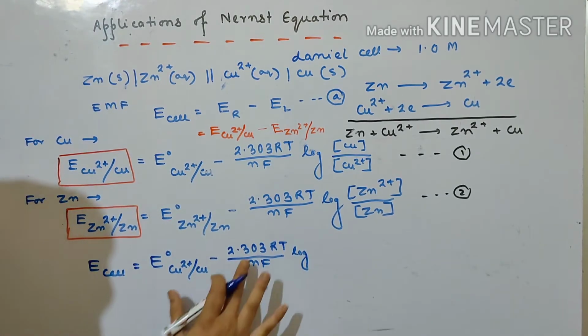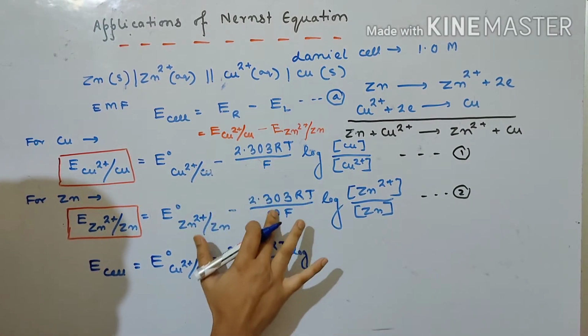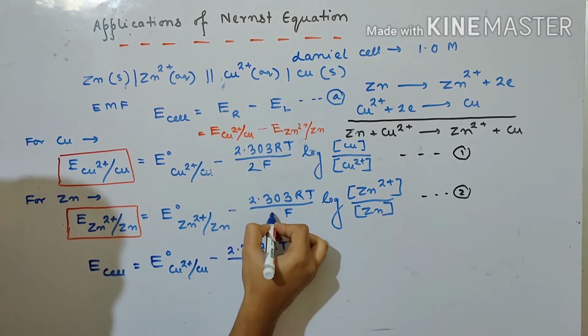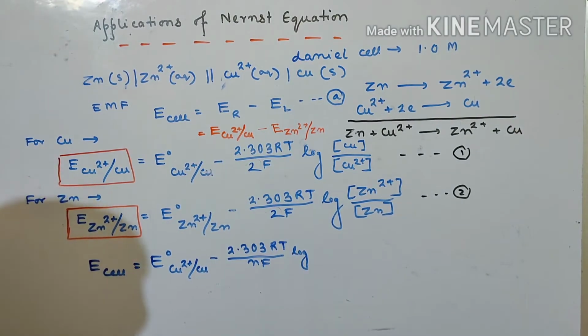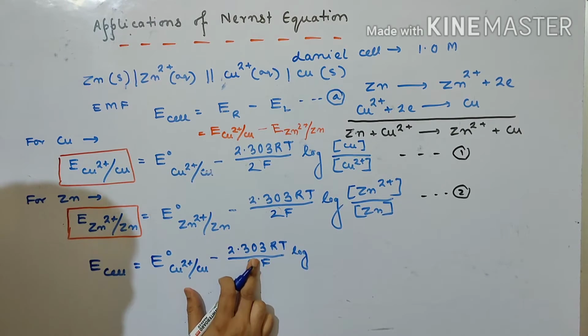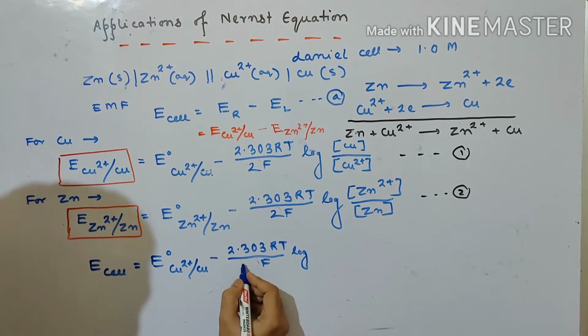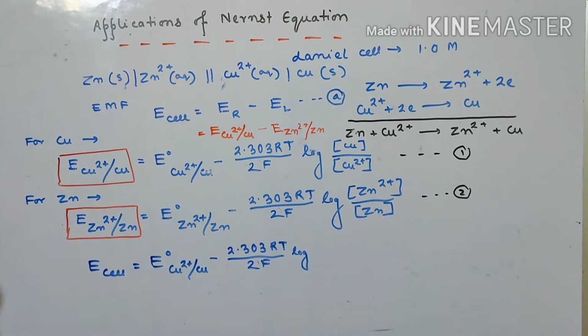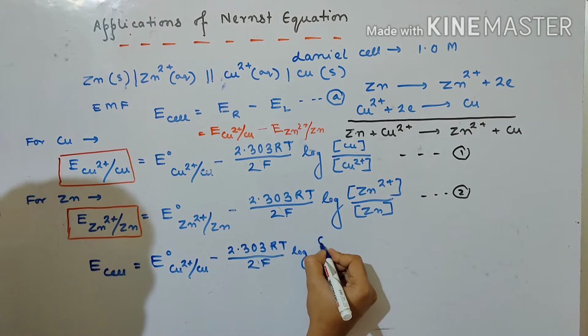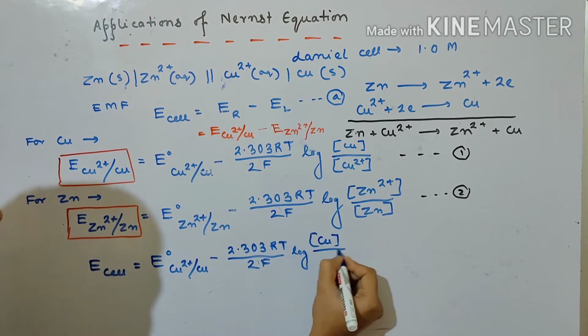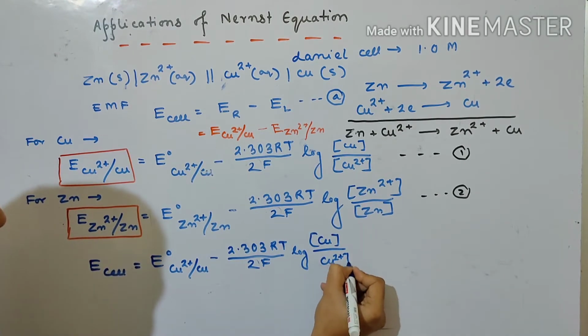Now this n in both cases is 2, right? And we also know that it will ultimately come down to 0.059. We'll do that, but for the time being let us write 2F log of Cu by Cu2+.